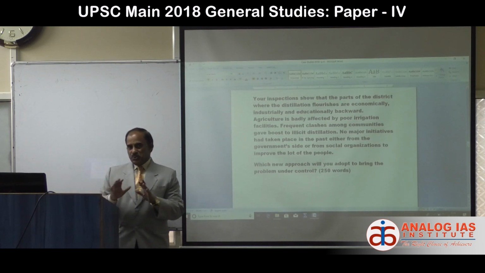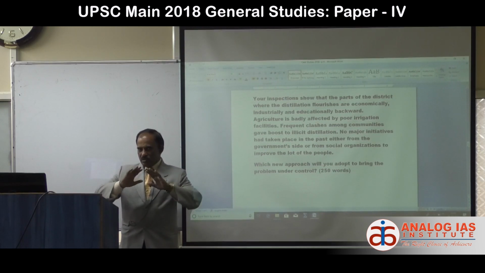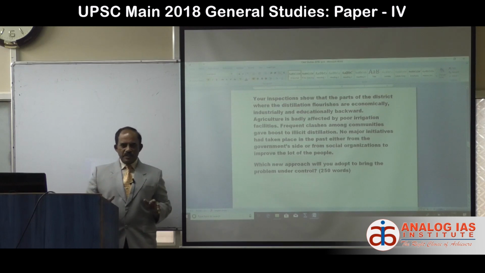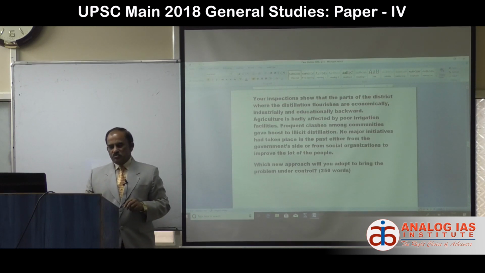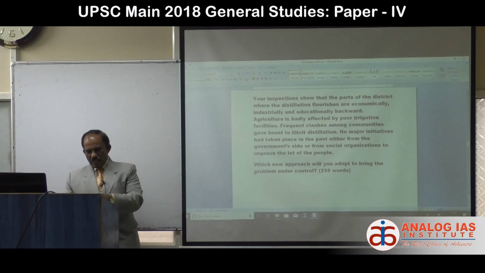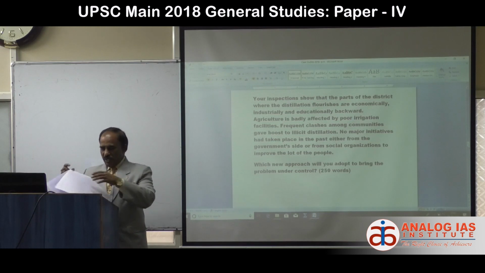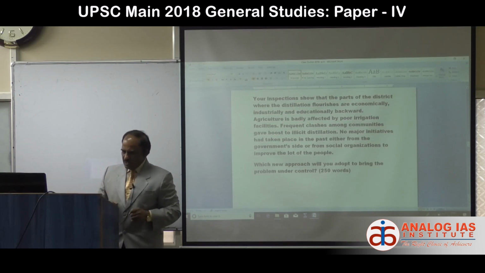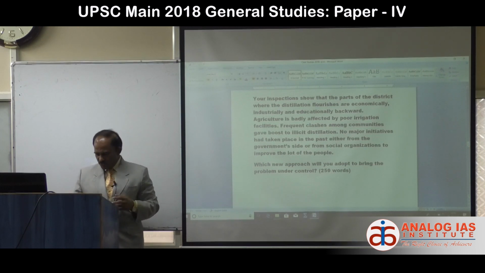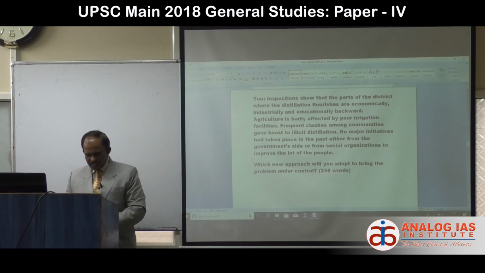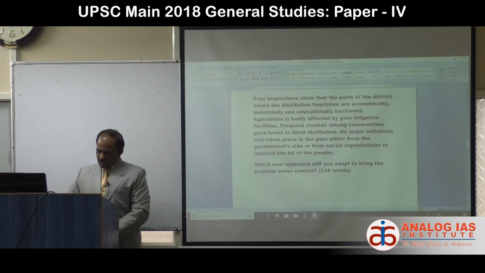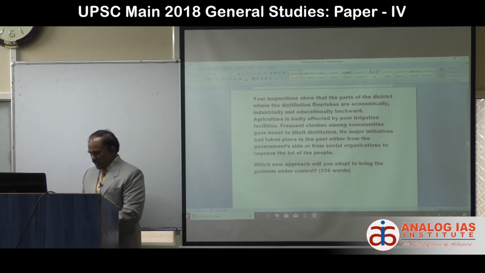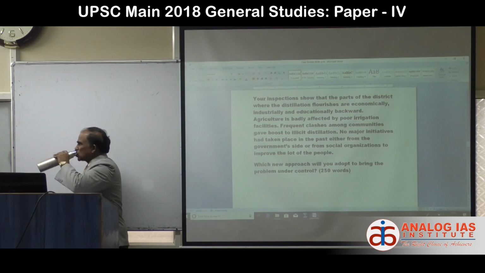Now, you can also do the second one. You can call the elders of the society and ask them to come for a discussion as to how the region can be developed by not resorting to illicit liquor. Then we can also involve the NGOs of a particular region and work out with those people as to how it should be done.